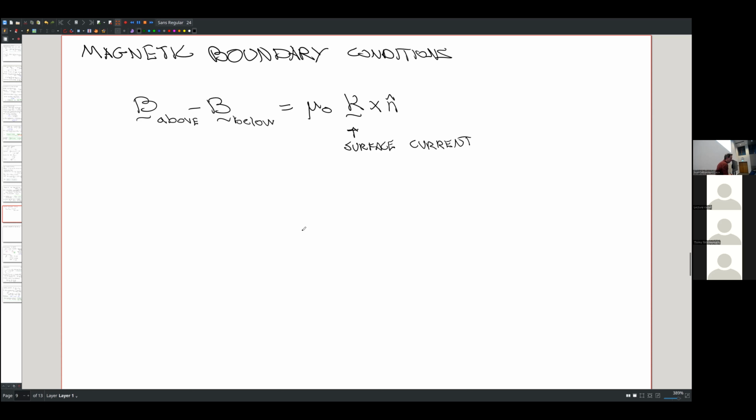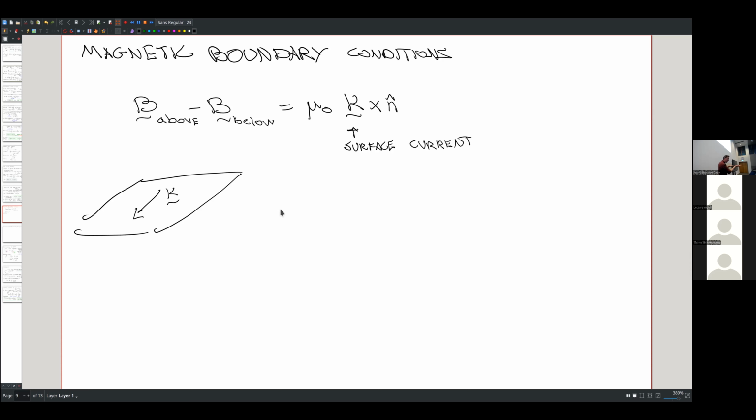So what do we have? We have a two-dimensional plane like that, in which there's a certain surface current K circulating. K is really the now flattened version of our J. It's a J that takes values only in this thin sheet.